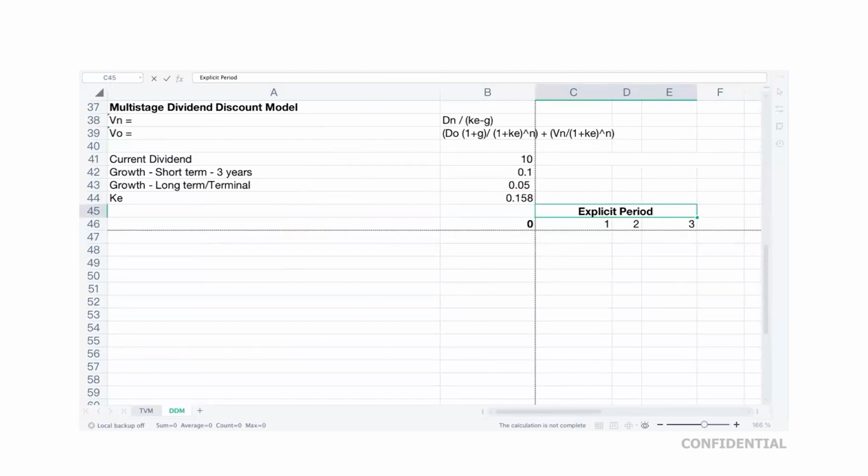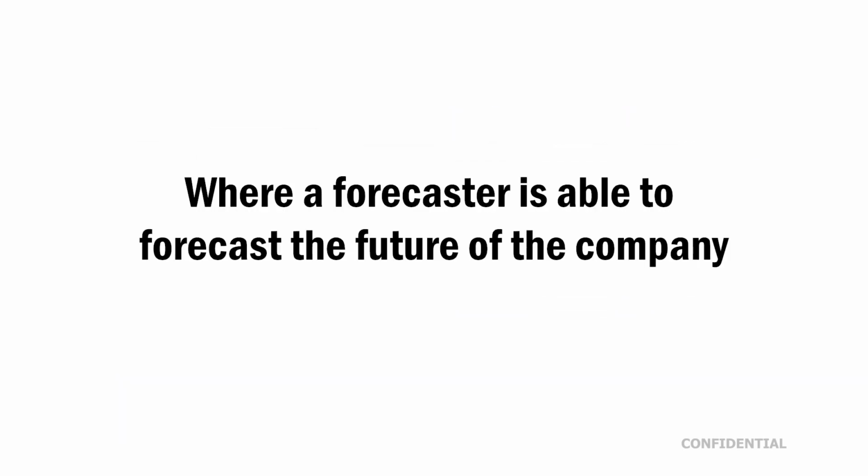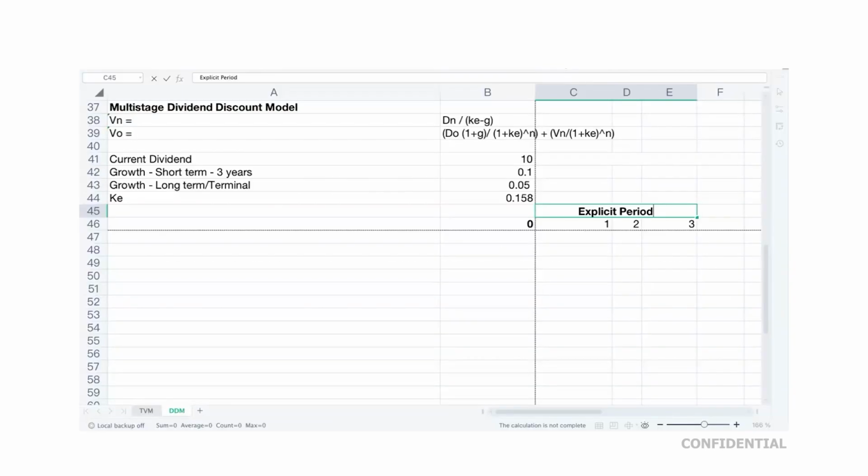Now, what do we mean by explicit period? Explicit period is a period where a forecaster is able to forecast the future of the company. For example, if I tell you to forecast a company's fundamentals, for how many years will you be able to forecast? Maximum 3 years, maximum 5 years, at most up to 10 years.